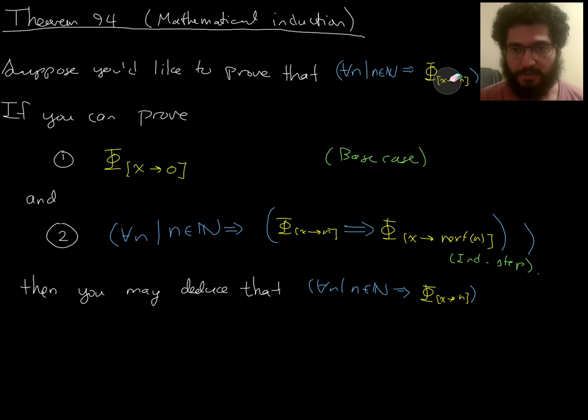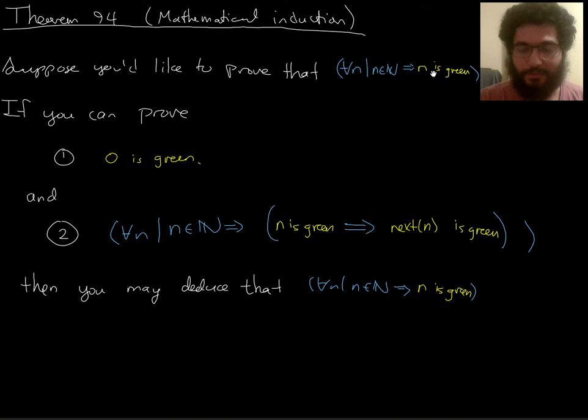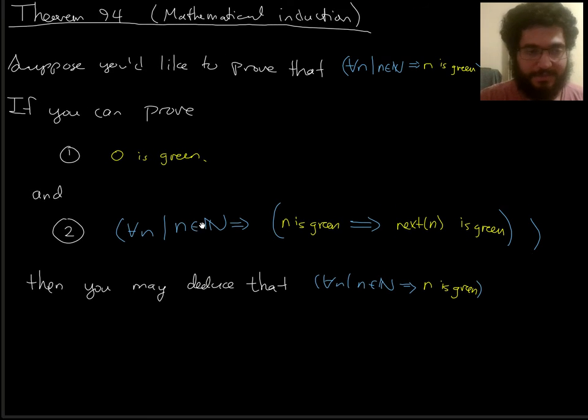So this will say n is green, this will say 0 is green, this will say n is green, this will say next n is green, and this will say n is green. So let me just make those replacements. All right, there we go. So let's prove it with this kind of form. And then if you want to, you could also look at the version written in the notes and with the phis, and probably it'll make more sense after you see this.